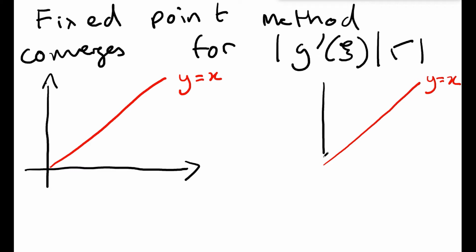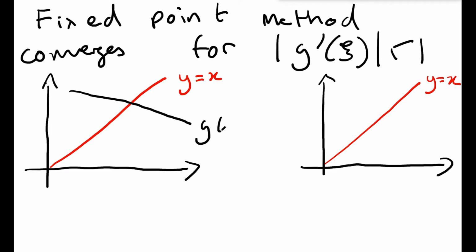That's y equals x, and in the diagrams we're looking at like this, we would plot g of x like this, and the gradient is less than 1, so it will cobweb into the solution. A nice beautiful cobweb. But of course it's the modulus of g prime that's got to be less than 1, and this is the case where the gradient is negative.